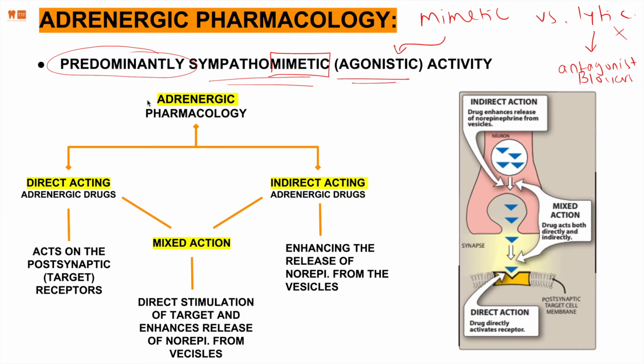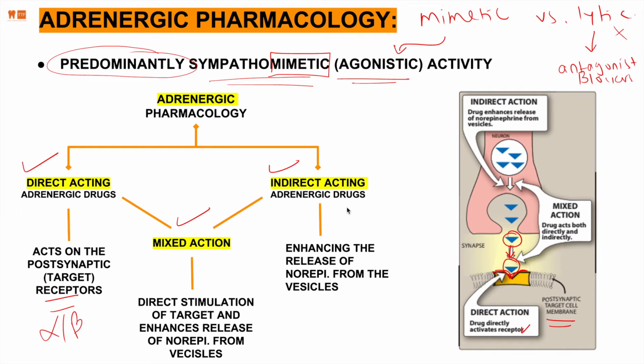Okay, so in adrenergic pharmacology, there are three types of drugs that we will encounter: direct acting, mixed action, and indirect acting. In other words, the direct acting will act directly on the postsynaptic receptors such as alpha beta. So right here, what it will do is it will enhance the effects of norepinephrine to be able to attach itself to the postsynaptic receptors. It activates the receptors very well at the target cell.